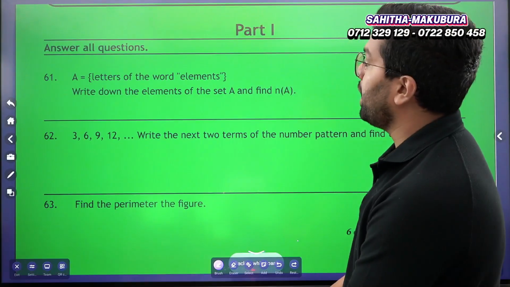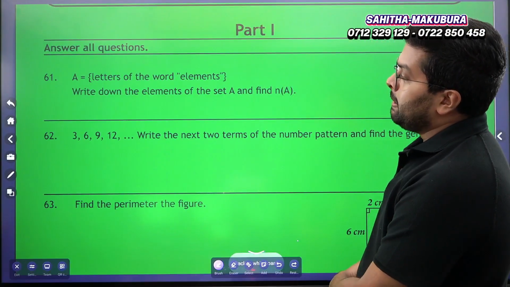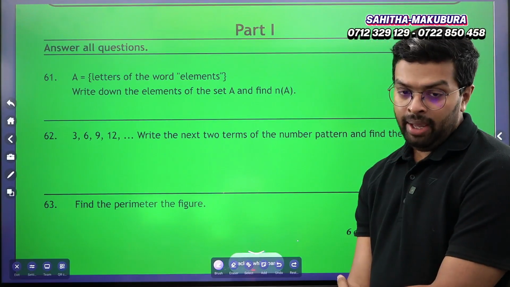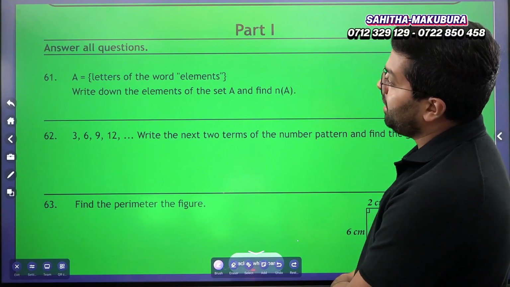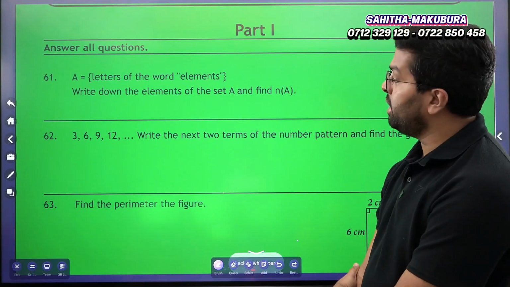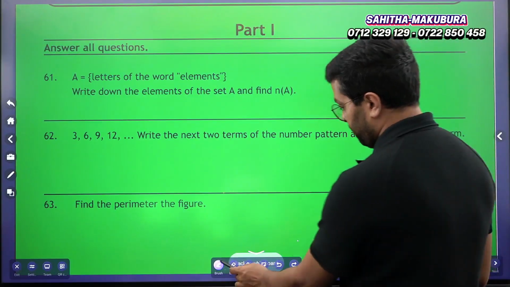Okay, right. A set is given as A, that set is letters of the word elements.